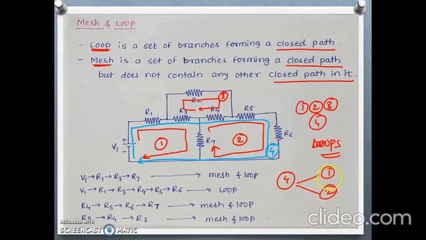So loops 1, 2 and 3 are meshes, but loop 4 will be only a loop, because it is a closed path formed by a set of branches, but it contains other loops also. So remember, this is the difference between mesh and loop.